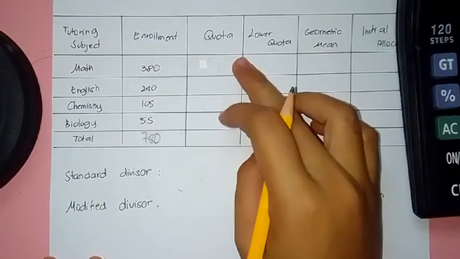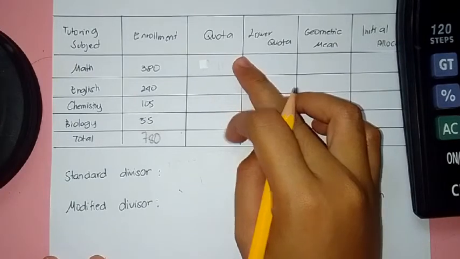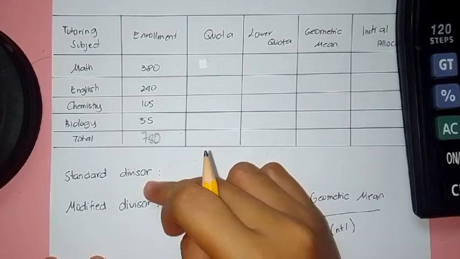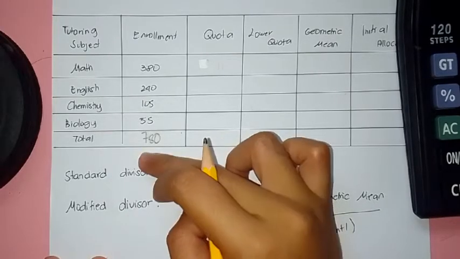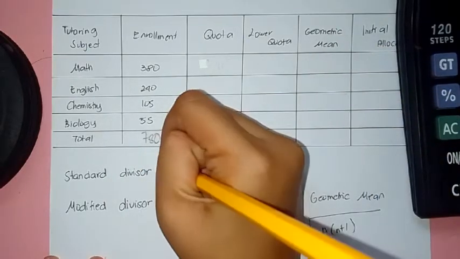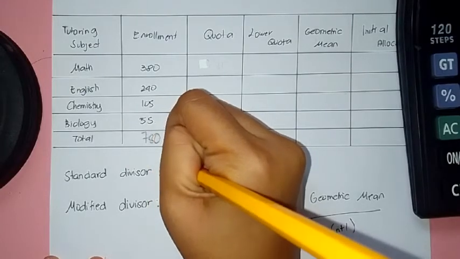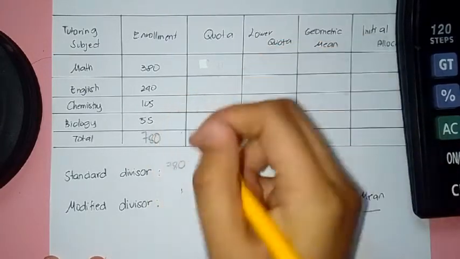To get the quota, we should first find the standard divisor. To solve the standard divisor, we take the total of student enrollees. The total of student enrollees is 780.